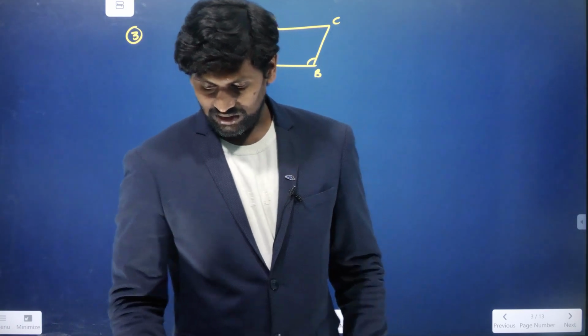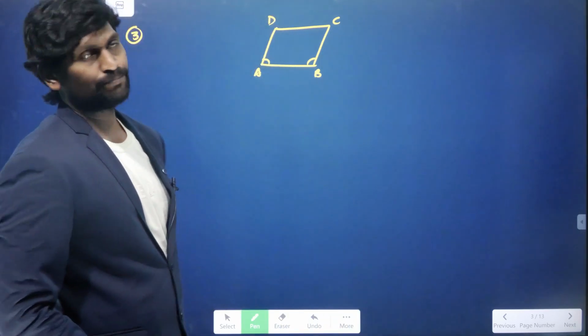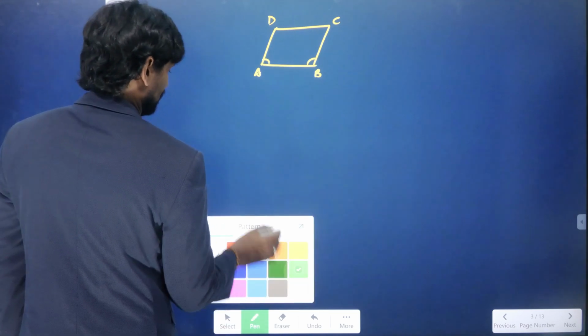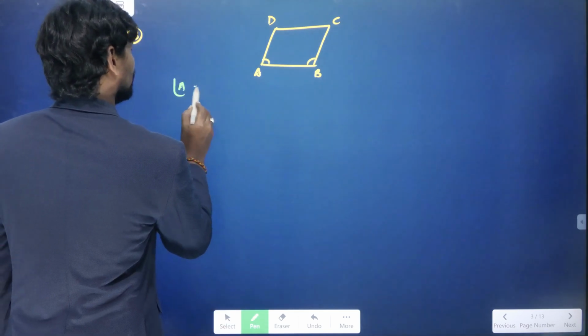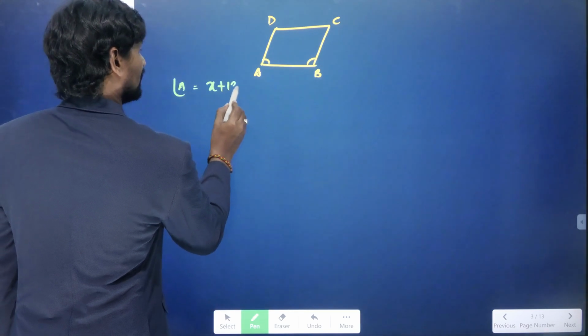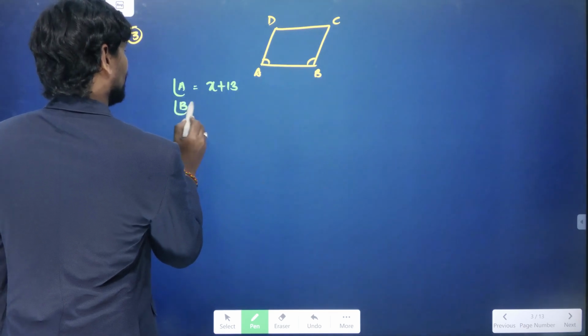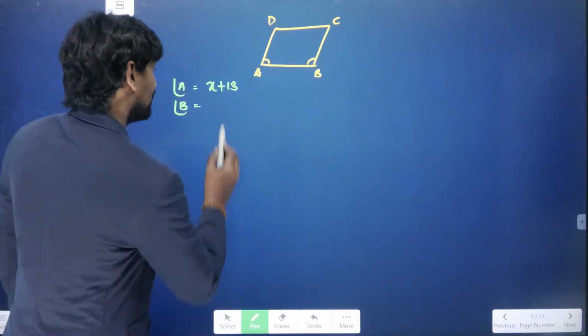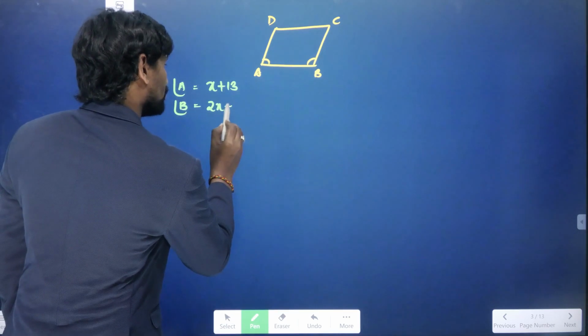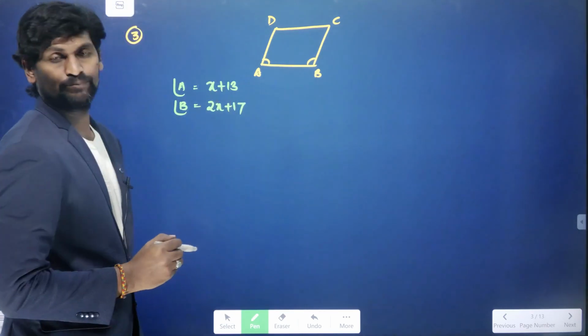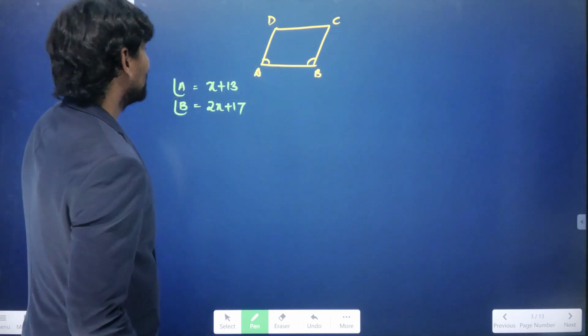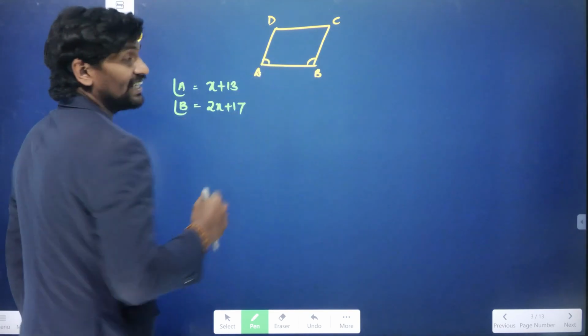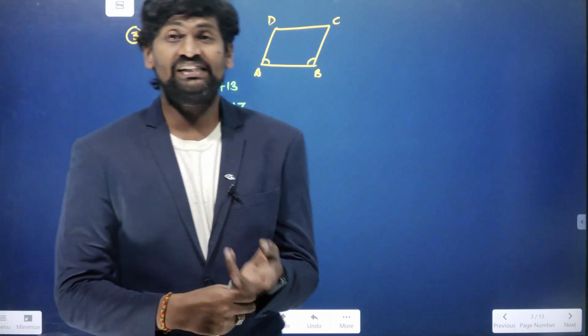Angle A equals x plus 13 and angle B equals 2x plus 17. So we know that the sum of adjacent angles of a parallelogram is supplementary.